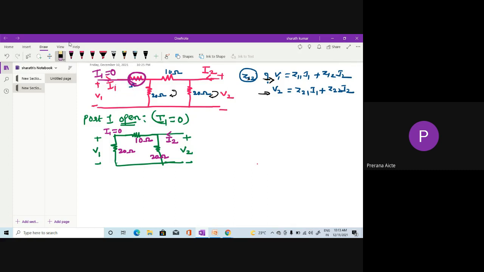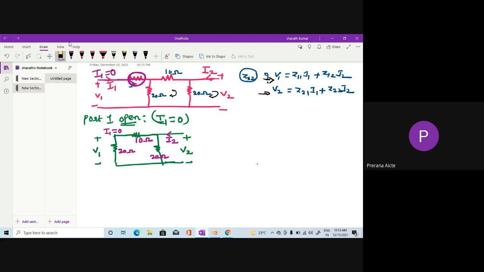When you open a circuit, the resistor which is in series with that port is not considered, because the current is not entering that element and it is not participating in any activity of your circuit. If the element is in parallel with port 1, then even if you open that port, that resistor will be live in the circuit. So you have to consider the 8 ohm resistor if it is in parallel with port 1.